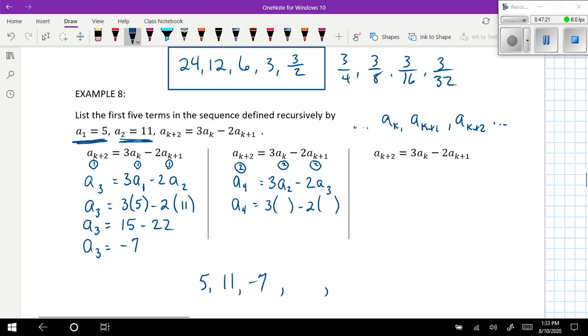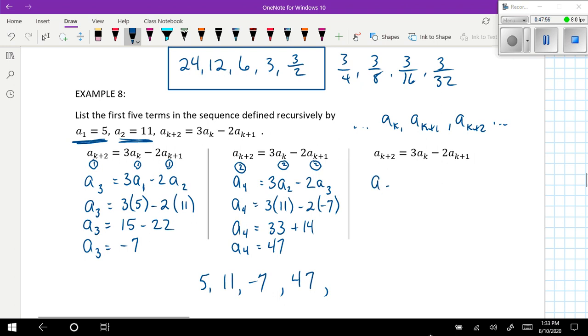Let's see, my a sub 2 is 11, and my a sub 3 we found out was negative 7. So I have a sub 4. See how this is recursive, because I have to use this number here in the next term? That's recursive. 33 minus 2 times negative 7 is going to turn into a plus 14, and my a sub 4 in this case is going to turn into 47. It's a bigger number than I thought. Did not anticipate that.